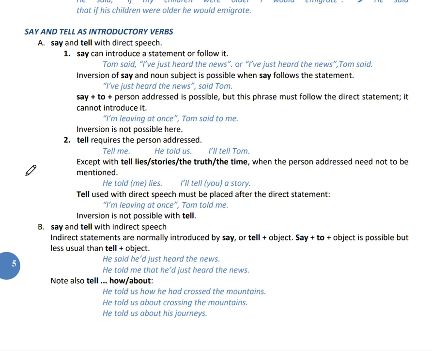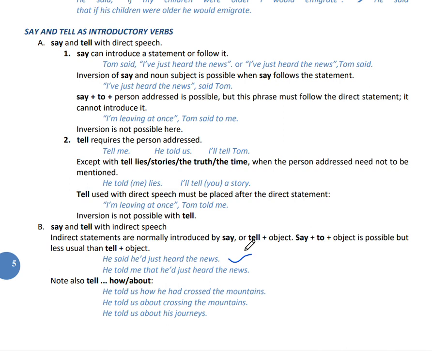Say and tell with indirect speech. Indirect statements are normally introduced by say or tell plus object. Say plus to plus object is possible but less usual than tell plus object. Let's look at it. In here, he said he would, he had just heard the news.